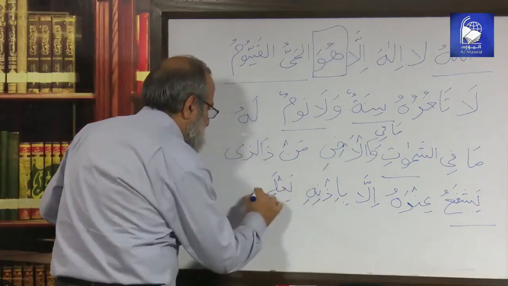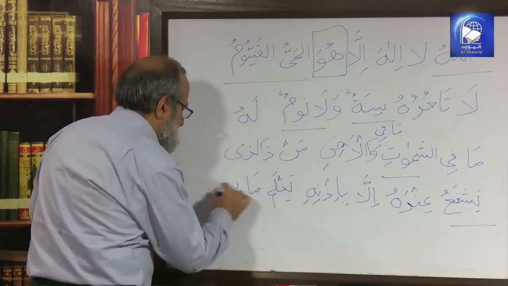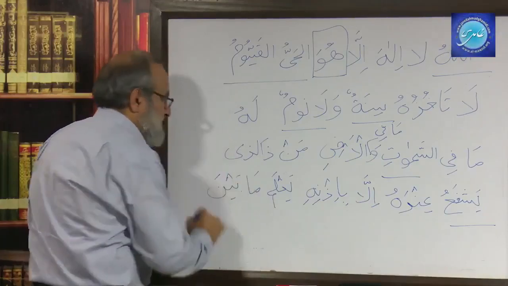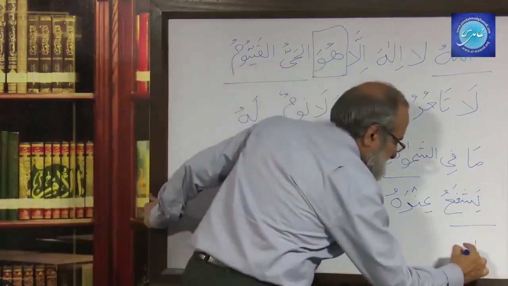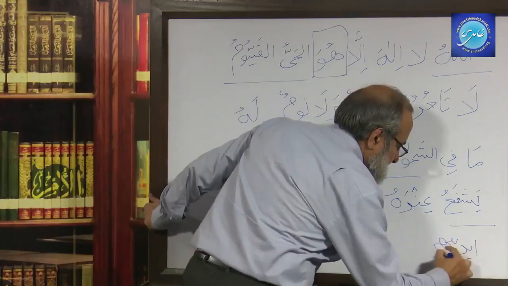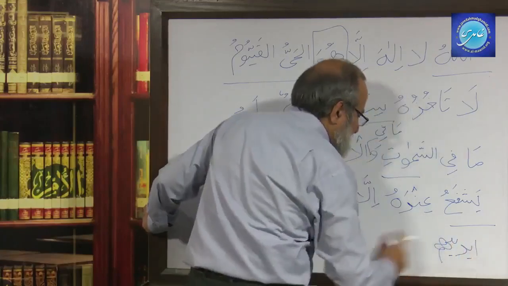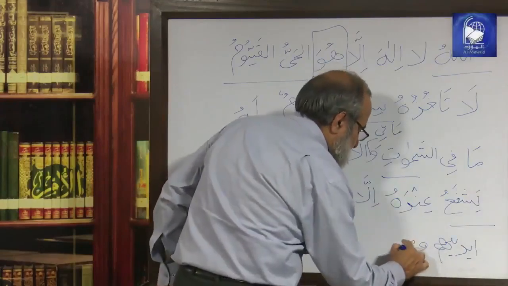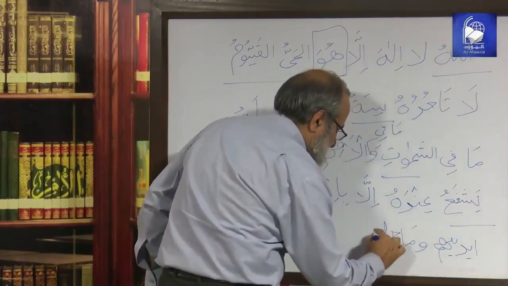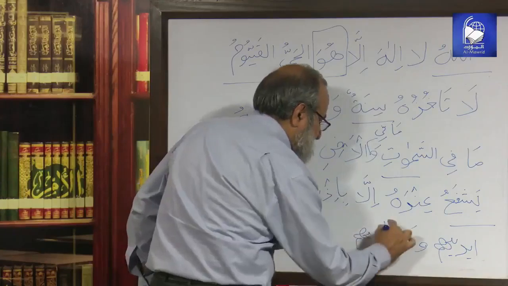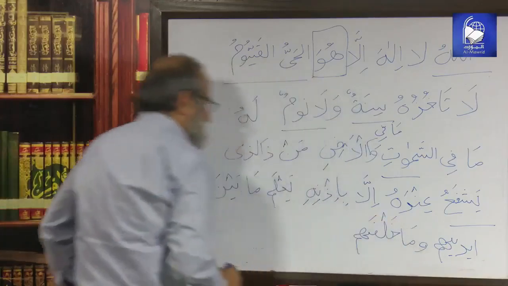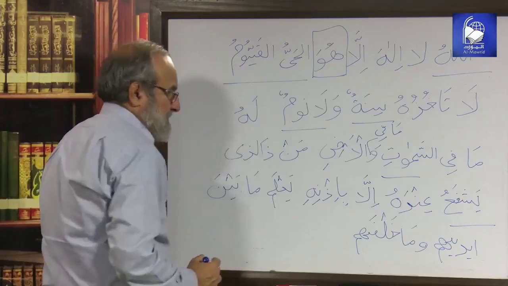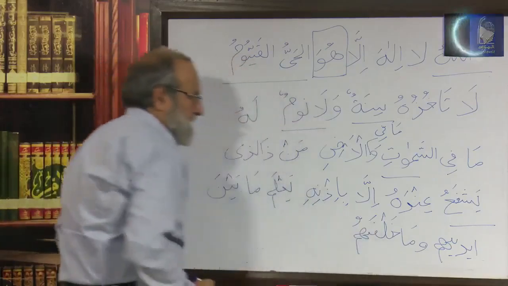Again a verb. Ma bayna aydihim, whatever is in between their hands, that is before them, right in front of them, wa ma khalfahum, and what is behind them. Ya'lamu ma bayna aydihim wa ma khalfahum.